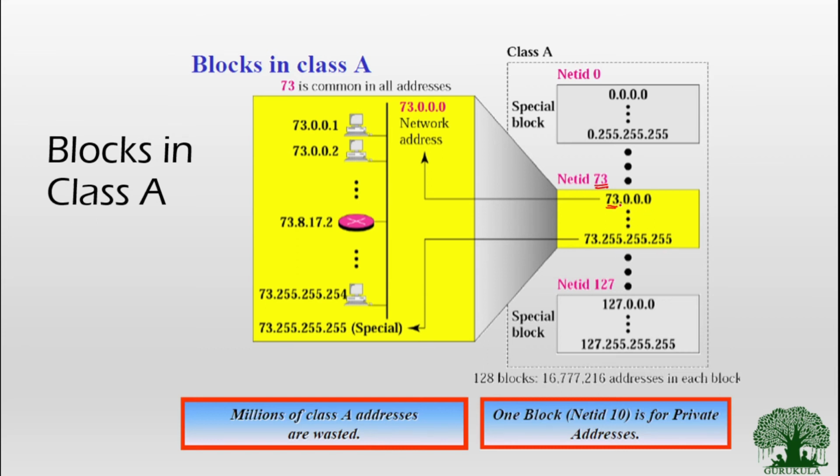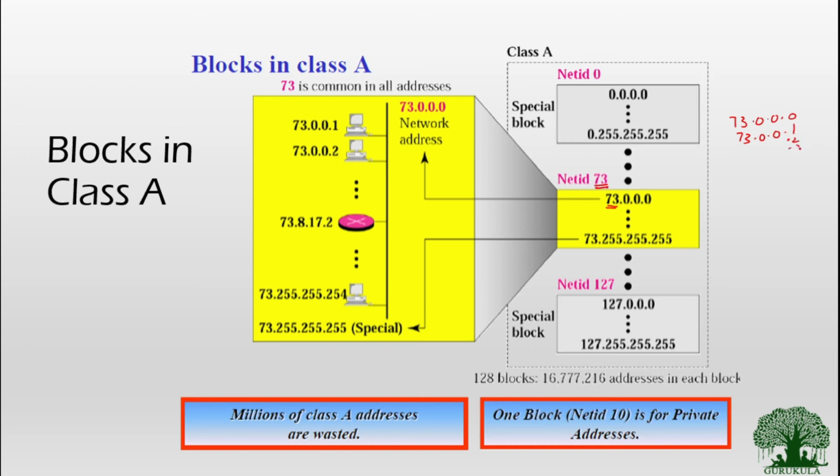Which means that 73.0.0.0 to 73.255.255.255 will be treated as one network, right? So what will be the IP addresses running in it? It starts from 73.0.0.0. What will be the immediate next IP address? It will be 73.0.0.1.